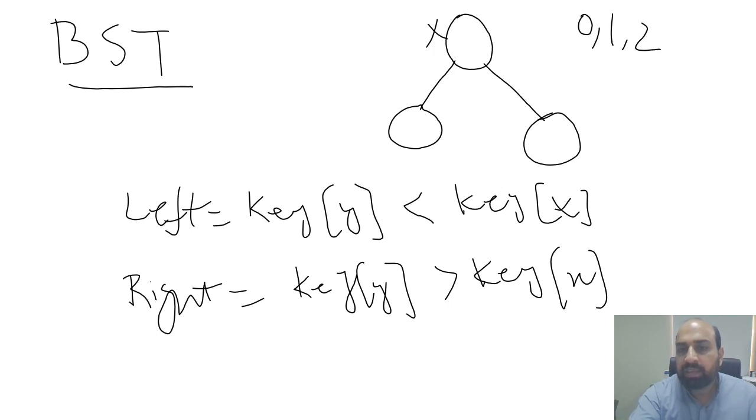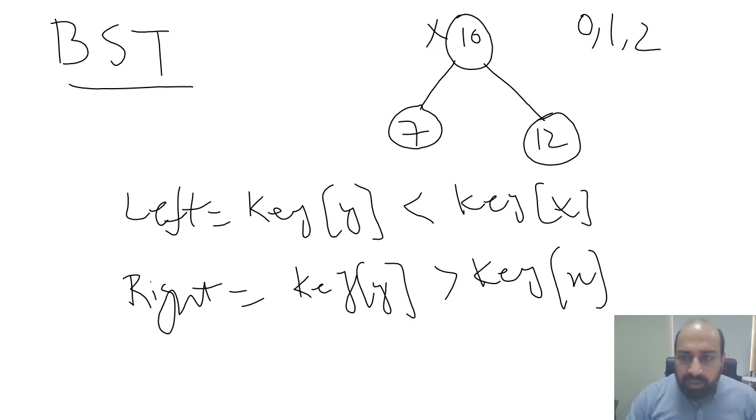For example, if X is 10, then the left of X should be less than 10, for example 7, and the right of 10 should be greater, for example 12. So this is the property of the binary search tree that we need to maintain.